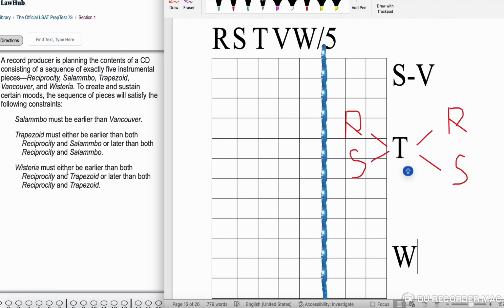And the condition is going to state that W must be either before R and T or later than R and T. So with that information, I'm just going to draw it in there again, the same way I did, with the diagonal angles here.